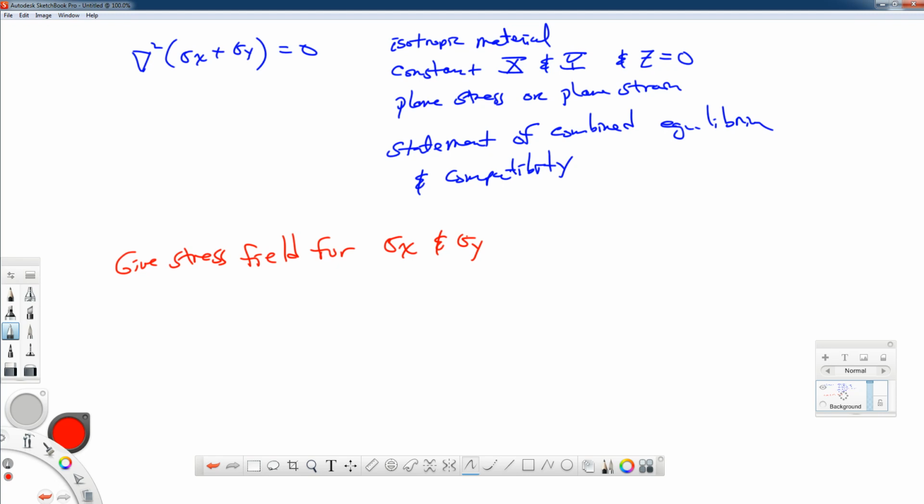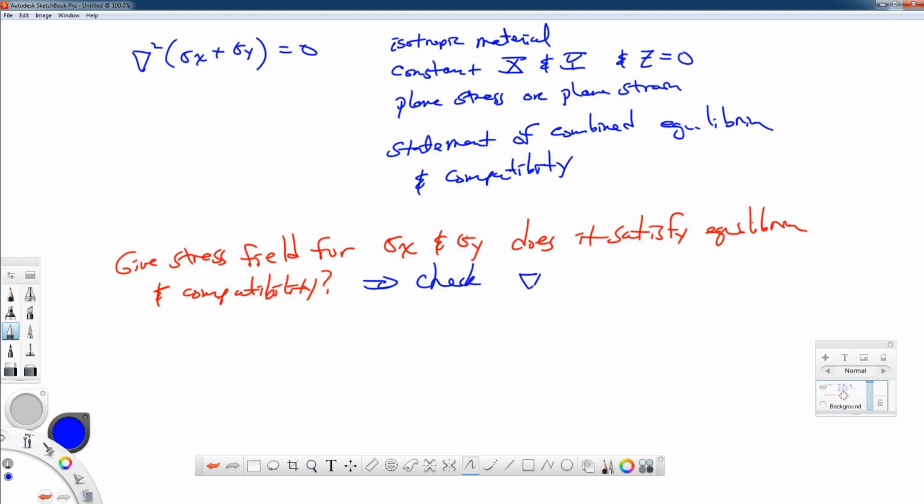You just add those fields together and evaluate del squared. If that equals 0, then it does.